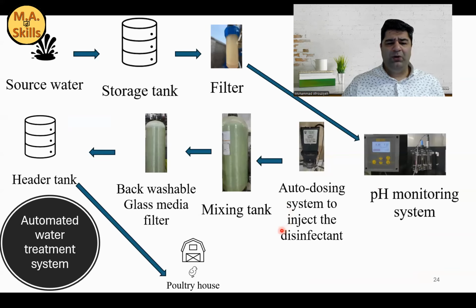So here we are going to show you an automated water treatment system, from the source water all the way to the poultry house. So looking at the source water, let's say your water is coming from city water or well or dugout or whatever.